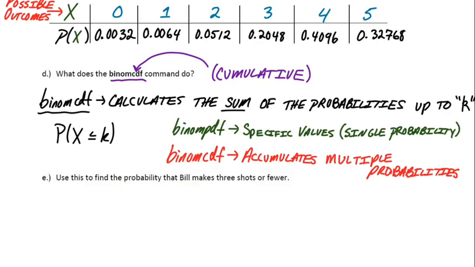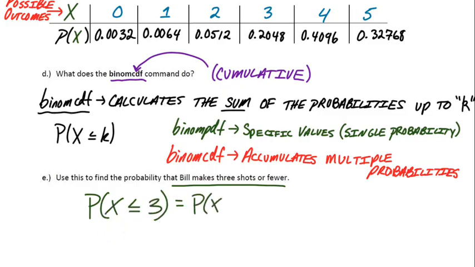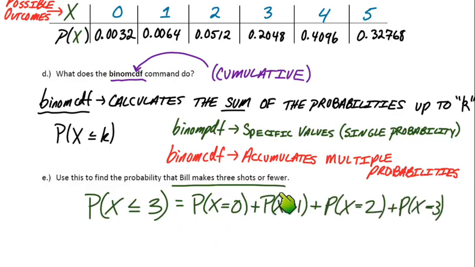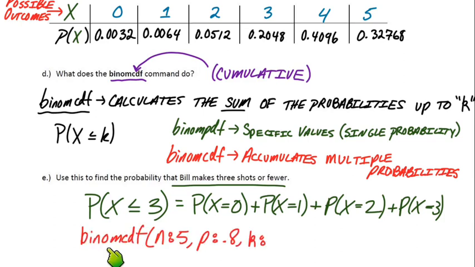For example, in part E it says, use this to find the probability that Bill makes 3 shots or fewer. So probability X is less than or equal to 3, which is probability hits 0, 1, 2, or 3. So we could add up all of those individual shots, or we could just use binomial cdf in our calculator and tell it to go all the way to 3 for that X value.